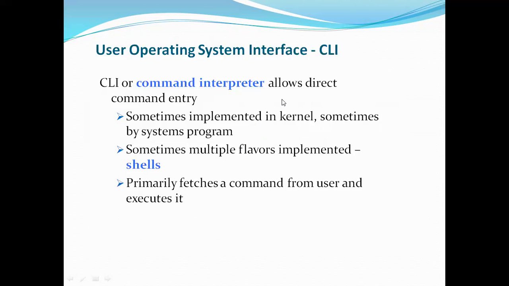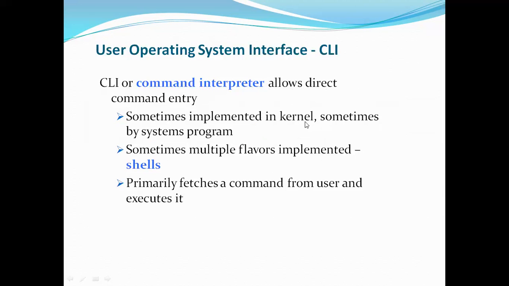Command line interface is an interface where the user will interact with the system based on some commands. An example is our Unix operating system, where we give every instruction to the system in terms of commands. The CLI or command interpreter allows direct command entry.